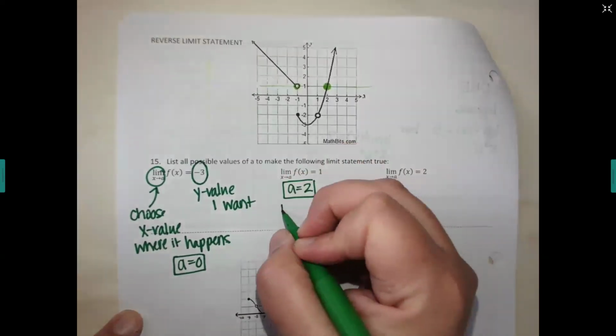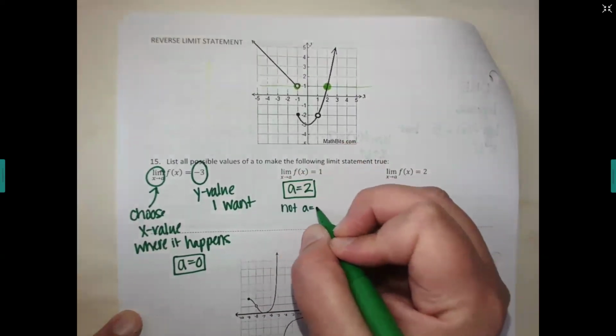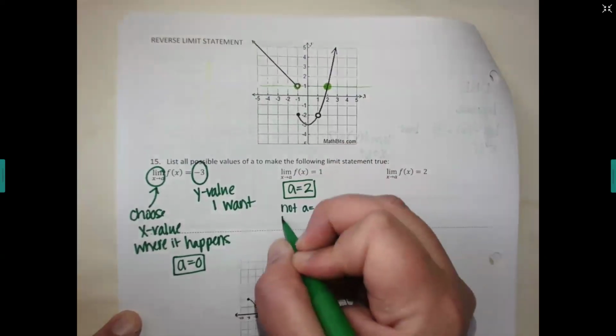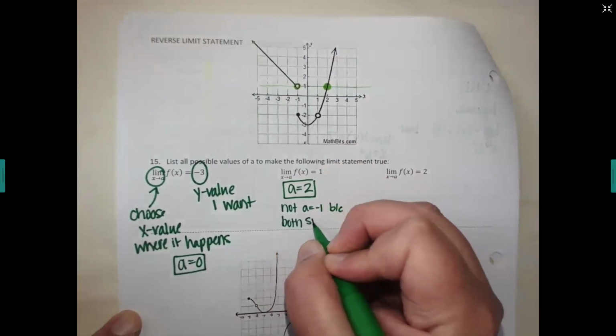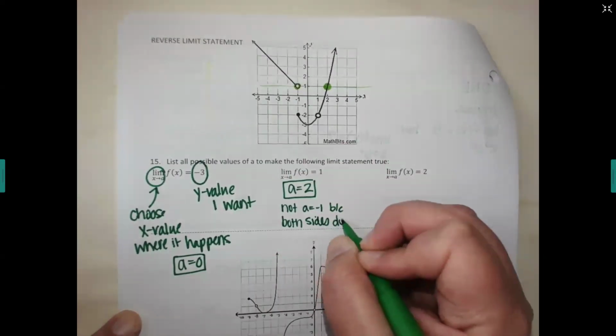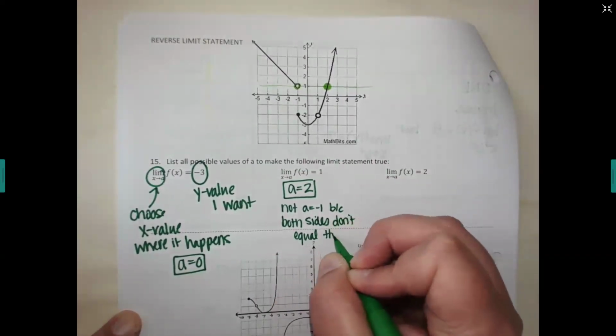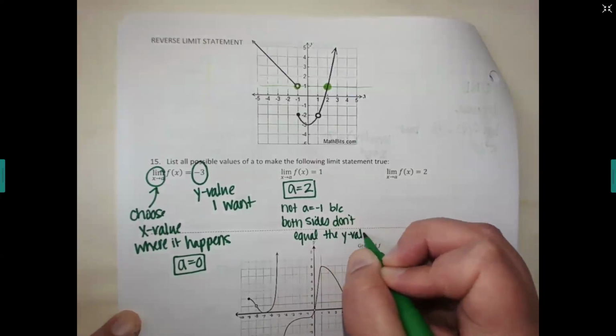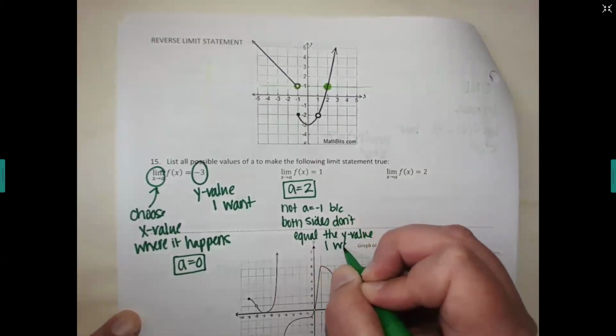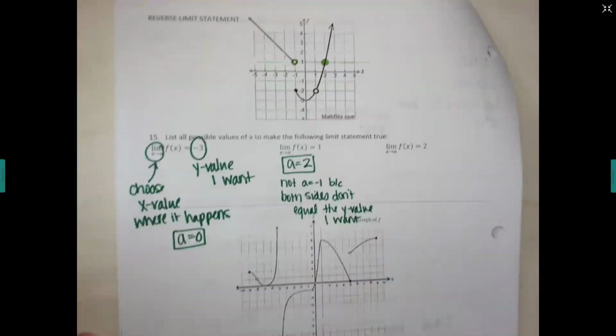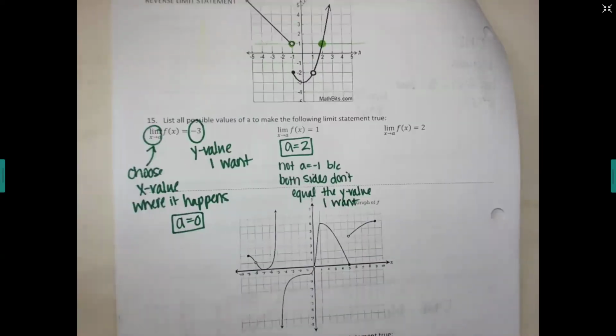Okay, and then I'm going to put here not A equals -1 because both sides don't equal the y value I want. So -1 doesn't count because my left and my rights don't give me the same answer.